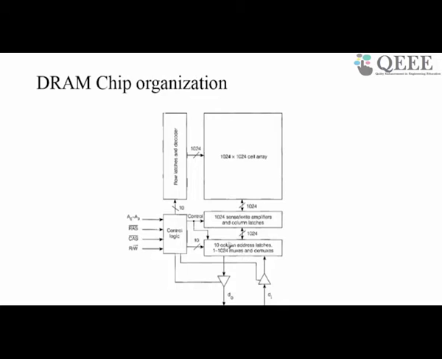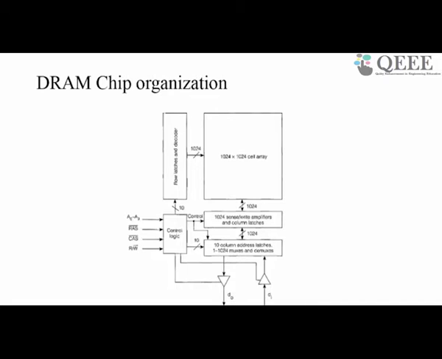Here we read an entire row and make it available in this register, and then by using a 1024 to 1 demultiplexer, one of the bits from one of the columns is read and made available outside, that is D0.